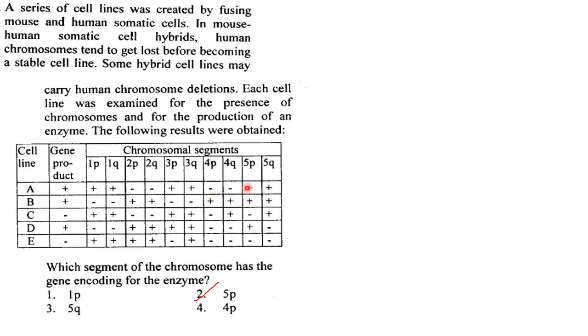But if you see 5P, you can see that for A there is a gene product, for B also gene product, for D also gene product, and C and E don't have the product. So which segment of the chromosome has the gene encoding for the enzyme? It is 5P. So the answer here is option 2.